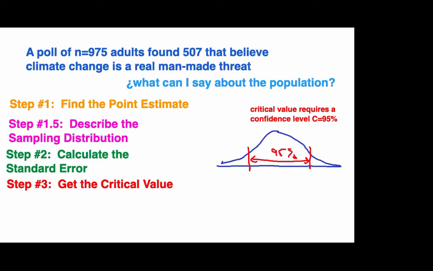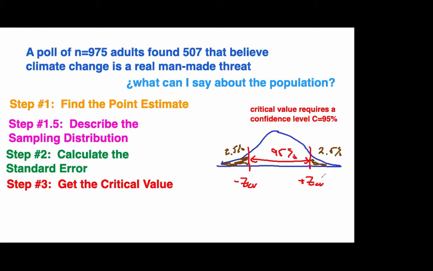If there are 95% of values in the middle, then I know that there's 2.5% in the tails. So out here, there's 2.5%. We use the notation that these critical values would be indicated as minus Z sub CV and plus Z sub CV.